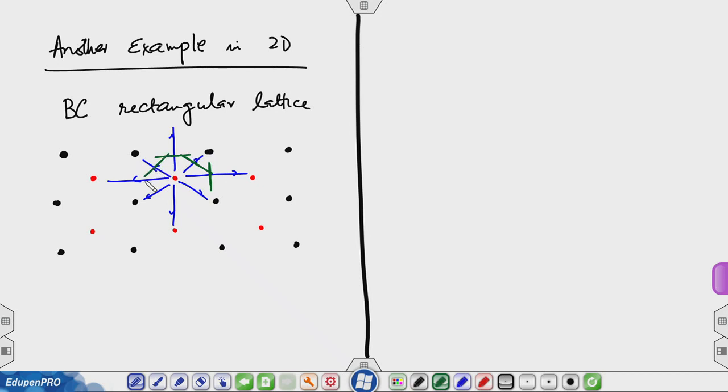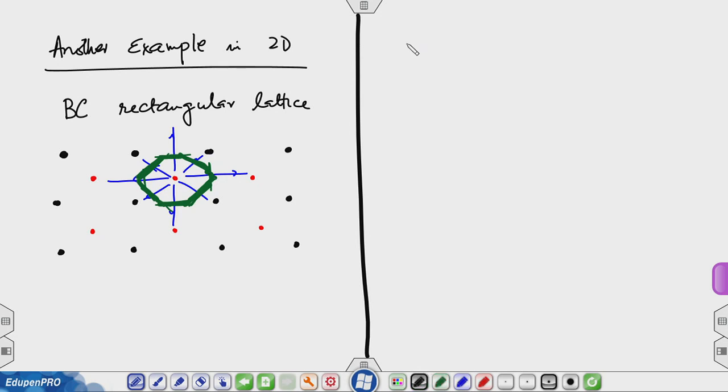This probably will meet here, hexagonal cell. Again, please check it, I may not be making it perfectly. So, this is the Wigner-Seitz cell for a rectangular lattice, body centered rectangular lattice.